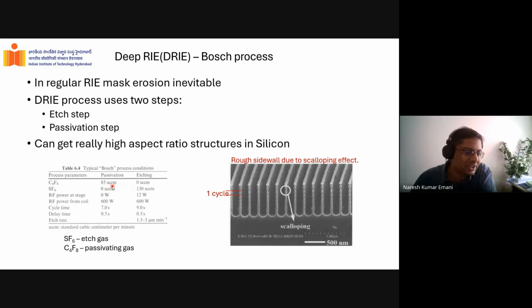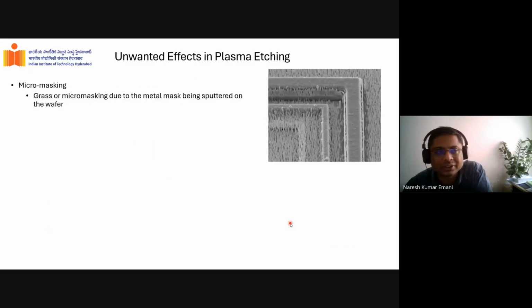In the passivation step you have C4F8. In the etching step you have SF6, and you control the powers appropriately. You etch silicon or don't etch silicon. That's all. With a passivating gas C4F8, you will be able to etch deep aspect ratio structures.